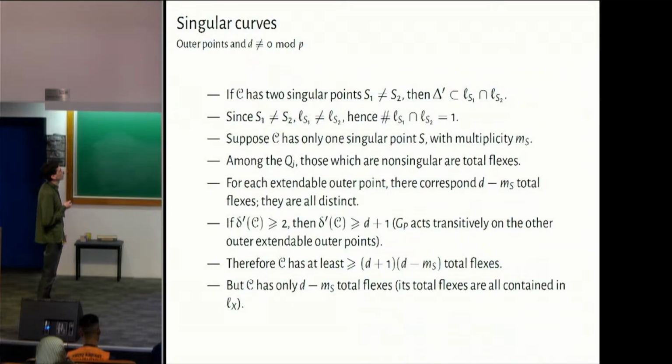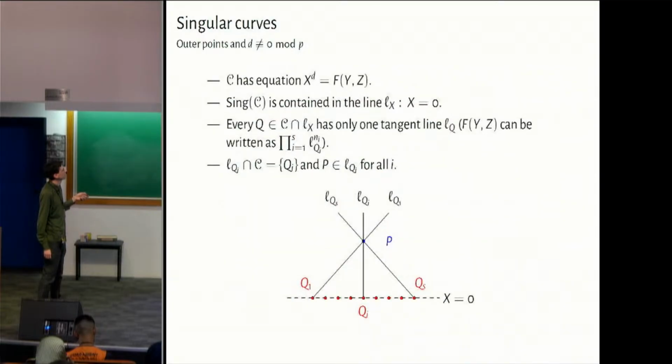So we can suppose that the curve has only one singular point with multiplicity ms. And now for each extendable outer point, if it had more than one, for each one, there would correspond d minus ms total flexes of the curve, because each of these red dots, there are non-singular points of the curve, are total flexes.